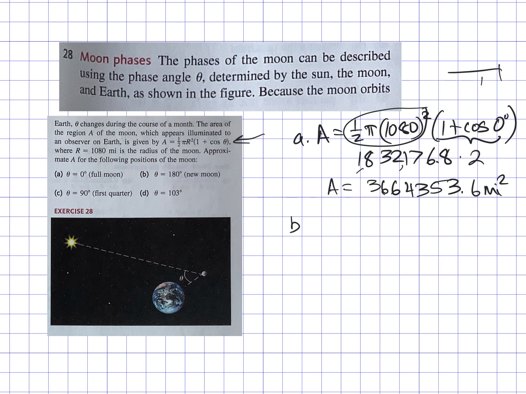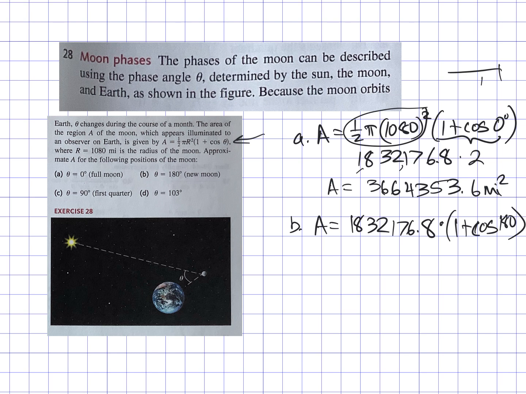All right, so let's keep going. B is 180 degrees. So when the moon is 180 degrees, that means the Earth's going to be right behind it. That's a little odd. Okay, let's figure this out here. So again, use the long number. A equals 1,832,176.8 times 1 plus the cosine of 180.